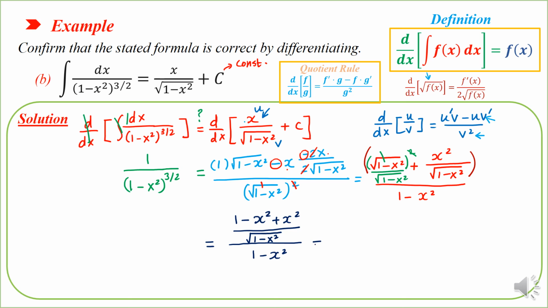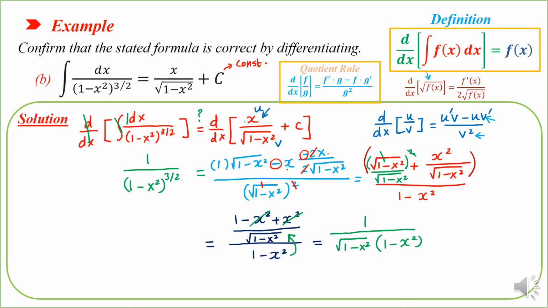and this is equal to, you can cancel now negative x squared with the plus x squared, and you will get 1 over, you have to put these denominators beside each other, and you will get square root of 1 minus x squared multiplied by 1 minus x squared.